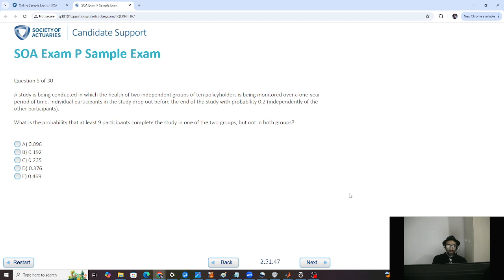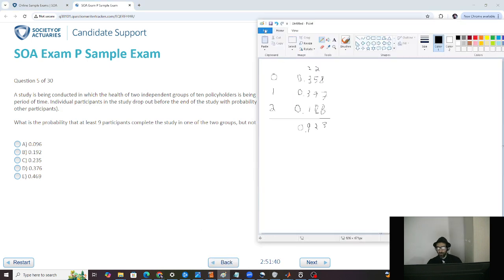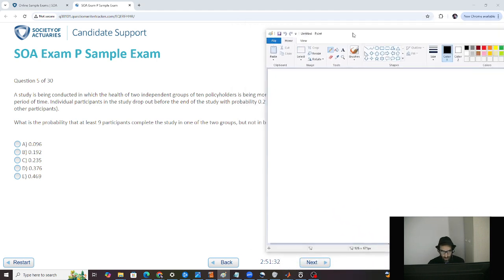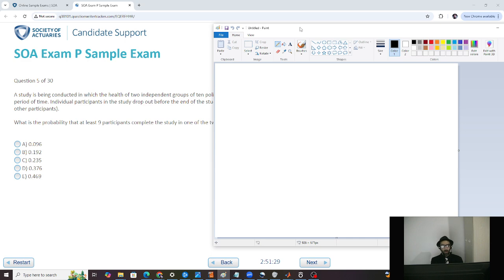Okay, so you have to realize that in each group you're dealing with a binomial, right? So you've got an 80% chance of staying in. Probability that all 10 in a given group stay in, 2 groups of 10, so 0.8 to the power of 10 is going to be, for 10 staying in, 0.107.